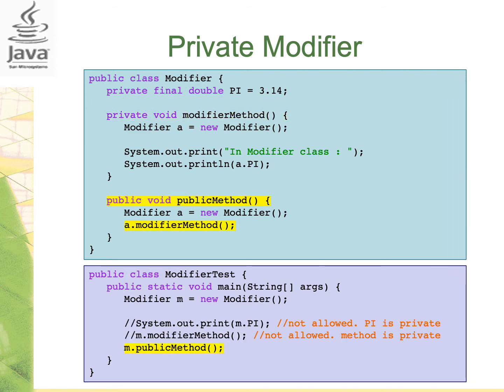However, within the same class, it does not matter that the method or data is private. In the Modifier class, we have another method called publicMethod that is public. It can invoke the private modifierMethod. So, in the ModifierTest class, we can access the private modifierMethod and also private pi through publicMethod.